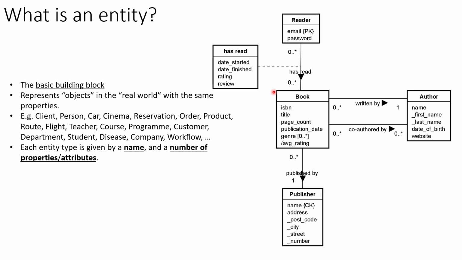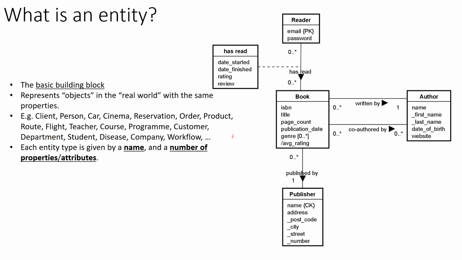It might be virtual, I guess, but they do represent something real, and the properties are something real. Common examples might be a client or person, car, cinema reservation, order, product, and so on. All kinds of different real world concepts can be made into an entity.